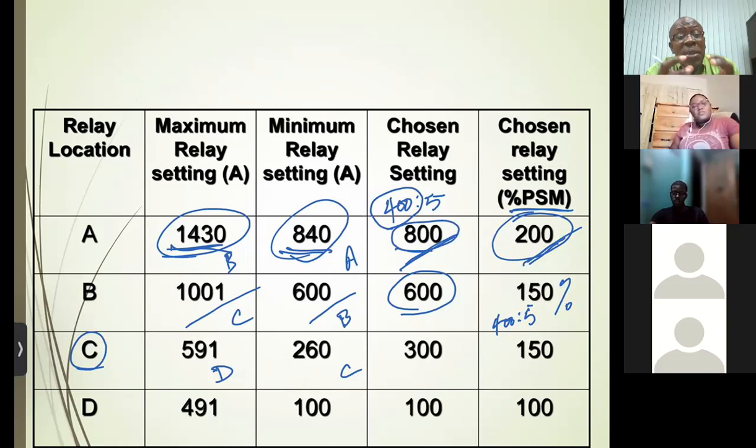Remember, the CT is fixed. And what we are doing in setting the relay is finding the current at which the relay will operate. The settings I have are 200%, 150%, 100%, etc. Those are the settings I have.